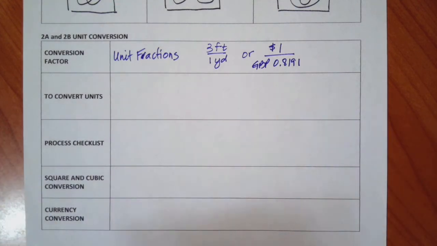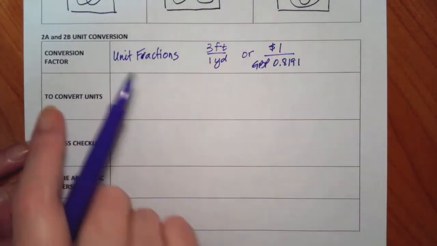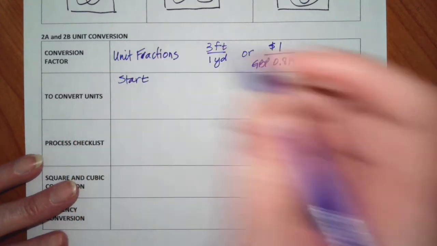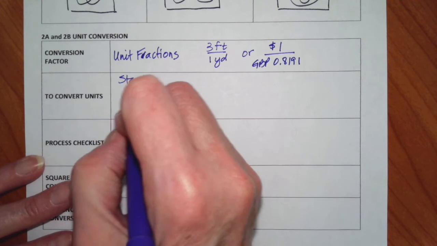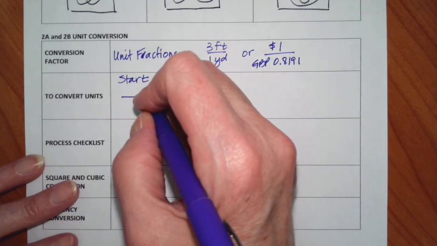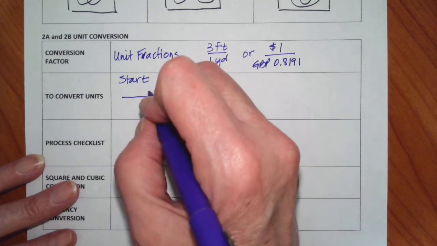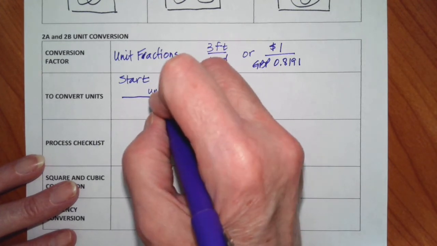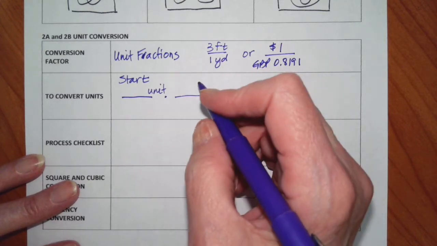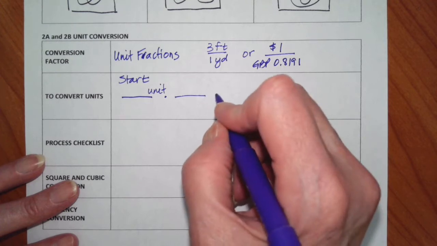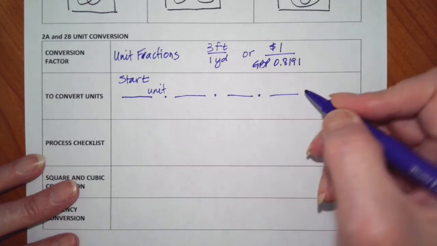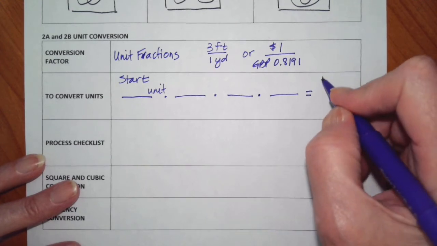So if I want to convert units, then you are going to have your start. And you're going to have a fraction. And then what you're going to have is some kind of units here. And what you're going to do is multiply these by conversion factors, however many times you need, until you get to your end.